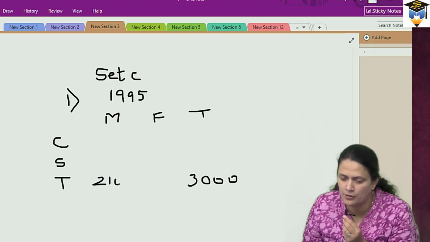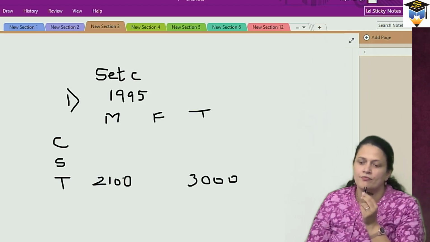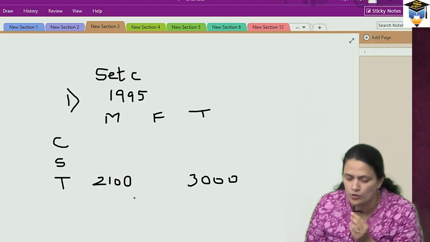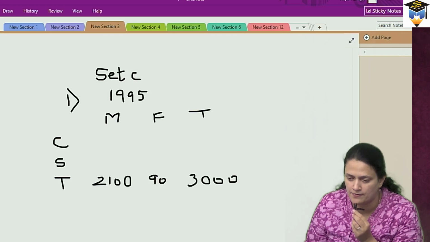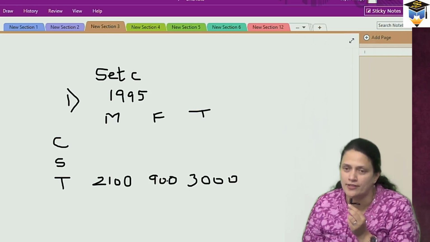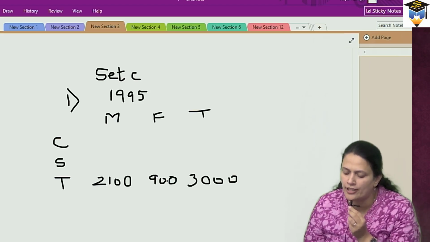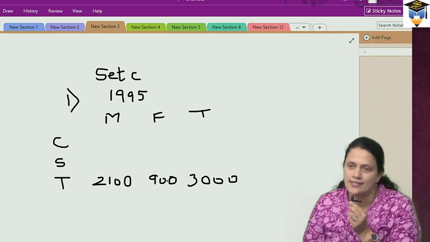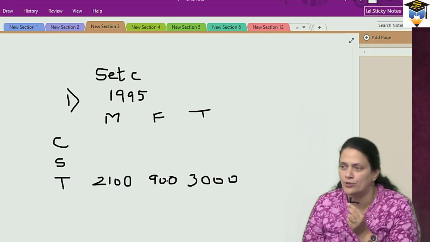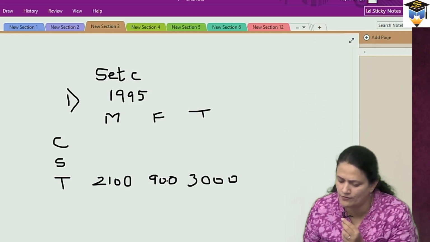So tell me, how many number of females? 3000 minus 2100, so 900 are the number of females. So 65% read commerce. So 65 upon 100 into 3000. What is the answer? 1950.